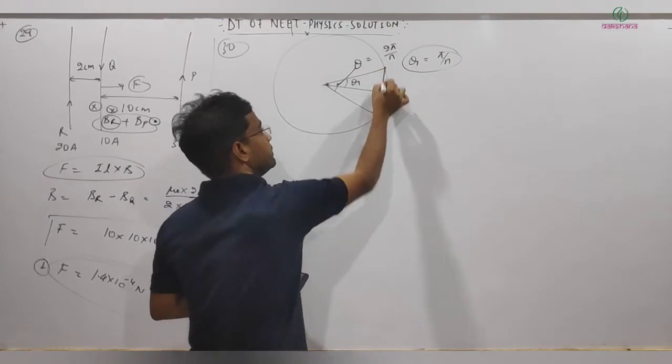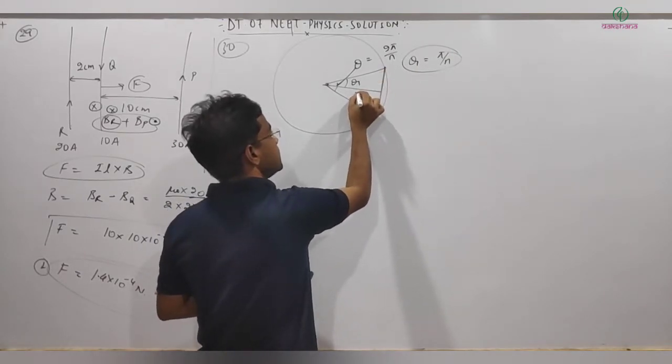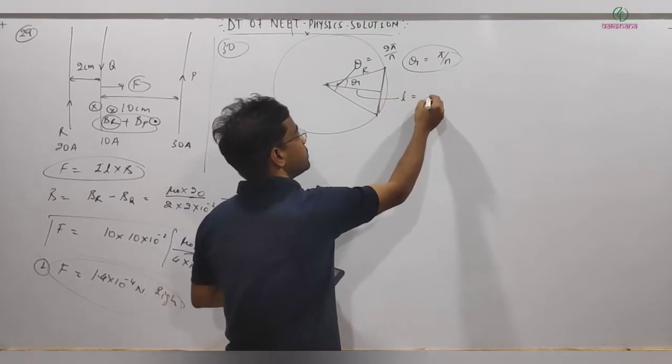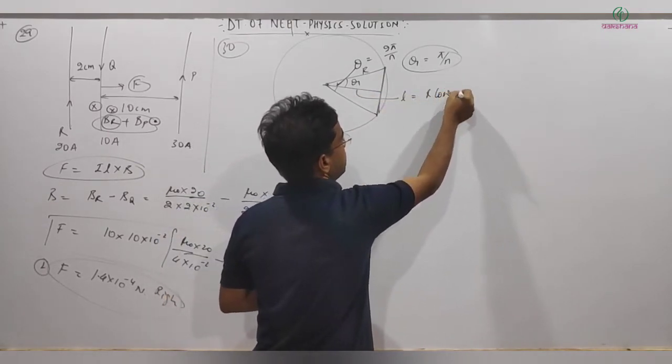And we know, if this distance is, let's say, given as r, then this distance L can be written as r cos theta 1.